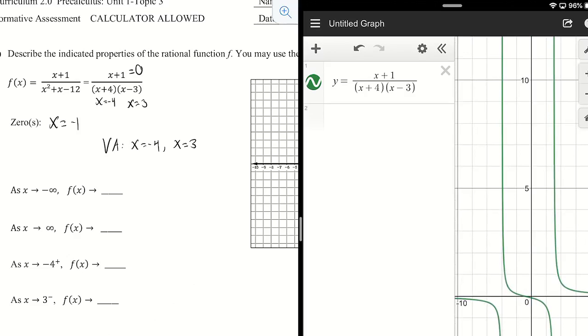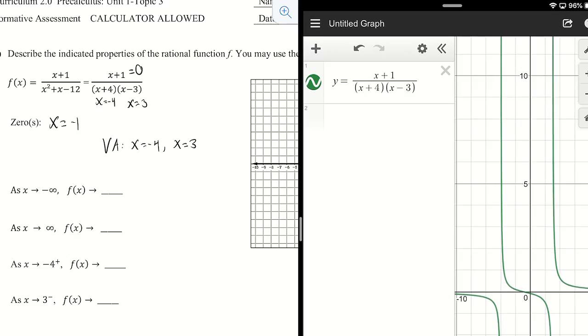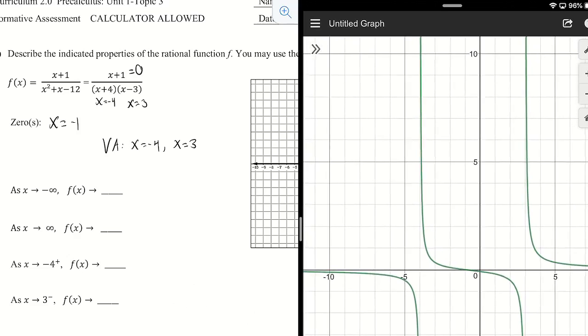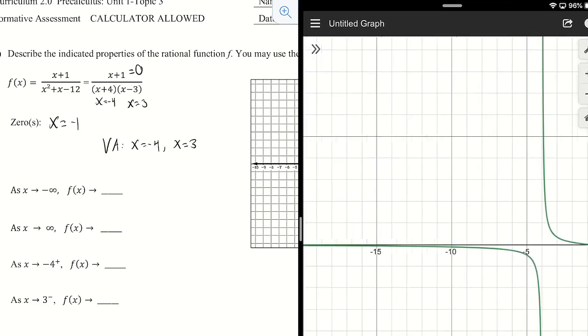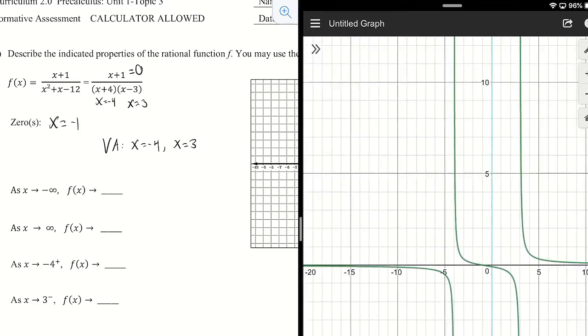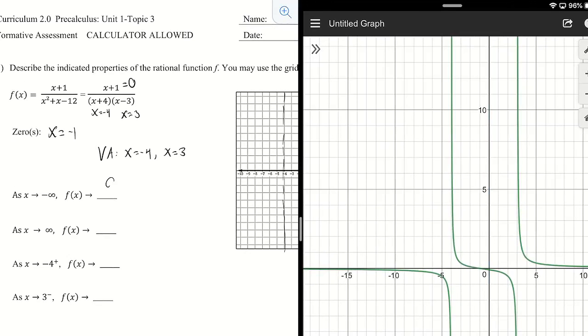So that's kind of interesting. When it says as x goes to negative infinity, we can see that the value gets closer and closer to 0. That's also referring to the horizontal asymptote. If this is bottom heavy, which means the exponent in the denominator is the highest, it is going to be y is equal to 0.